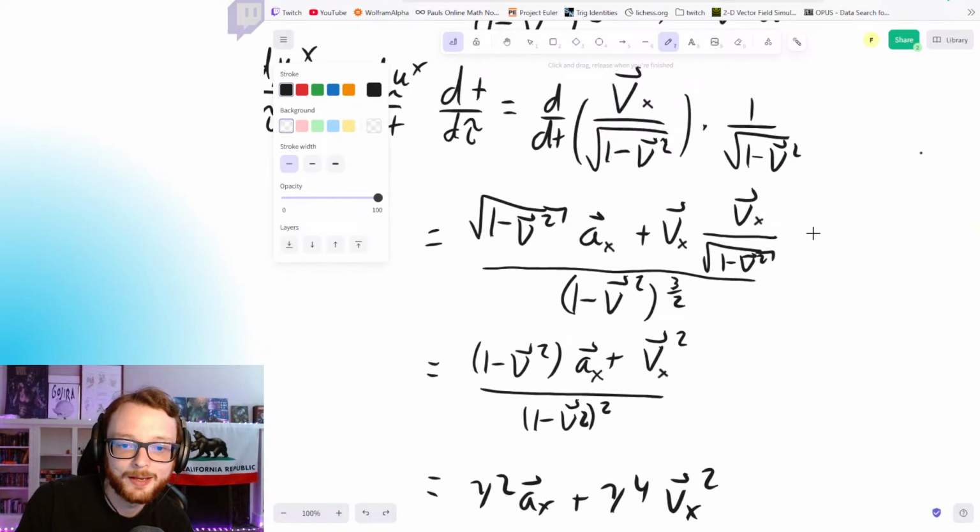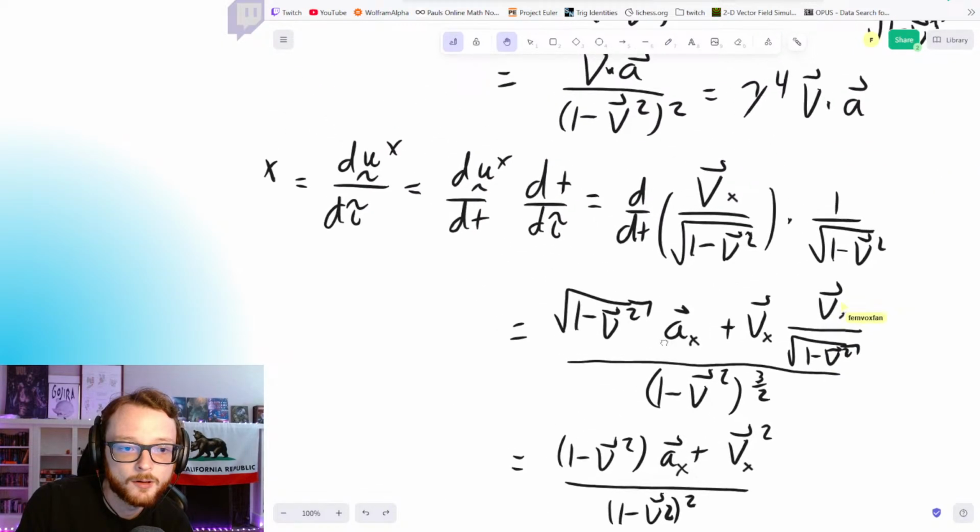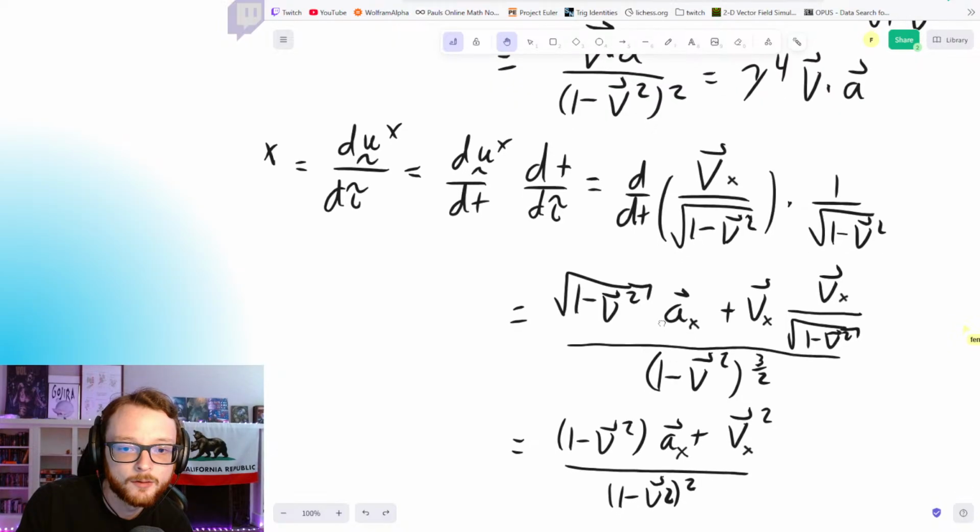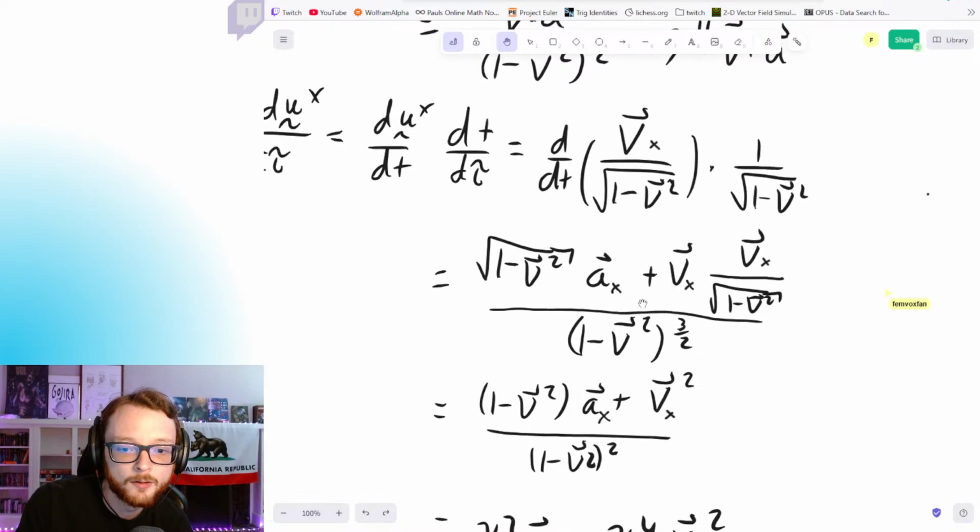Yeah, I guess we're taking the derivative. Wait, why is this Vx and that's just V? Yeah, good question. I just figured I'd throw the X up there.